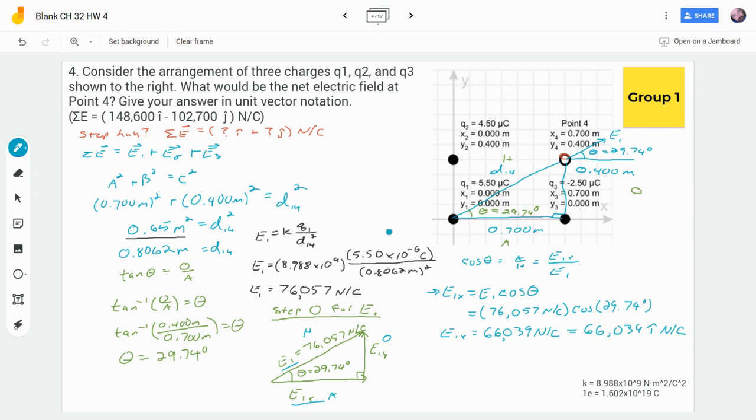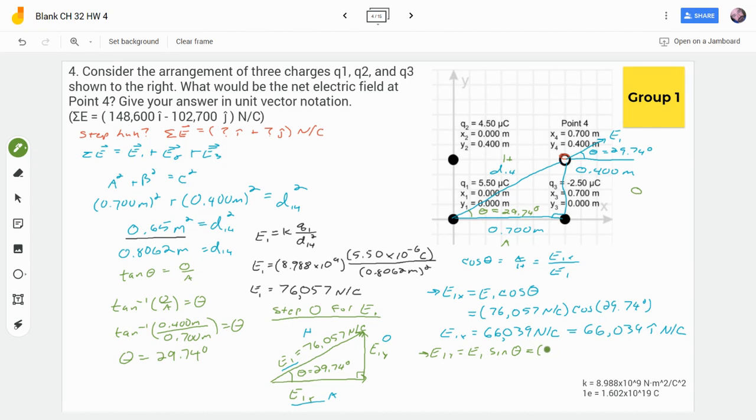Let's see what's going on. Now we need the y component. I'll do it in green again. Believe me, E1y is going to be E1 times sine of theta. It's a basic trig argument, but I'm not going to do the whole thing again. To save space, what's that going to be equal to?